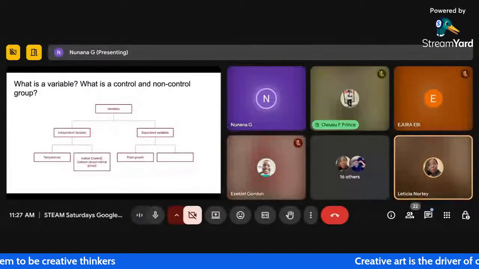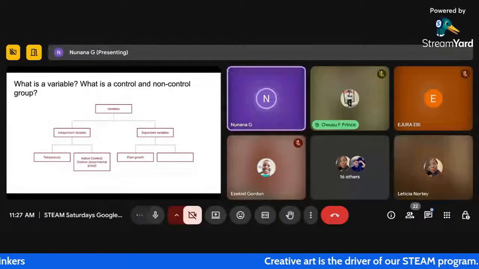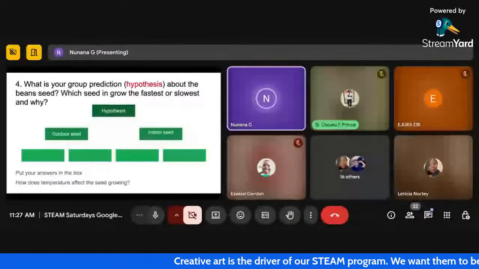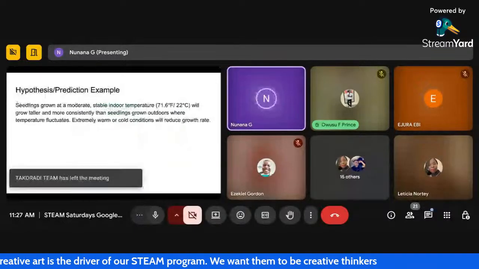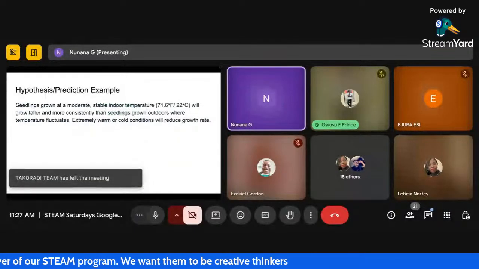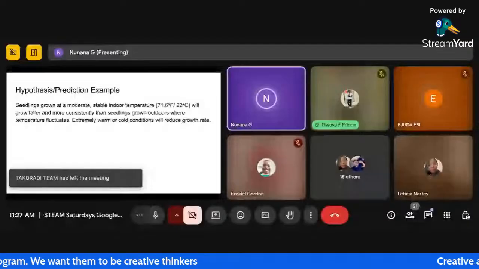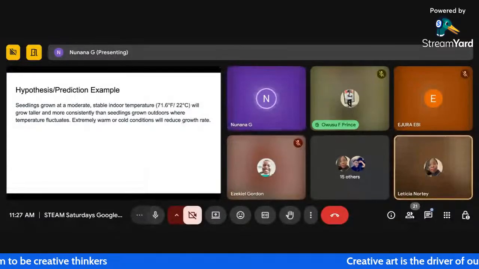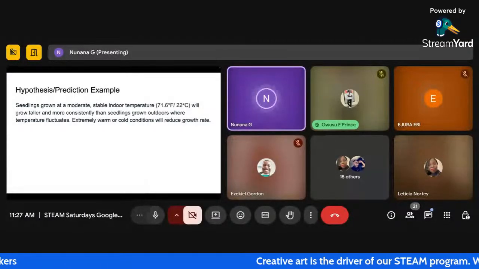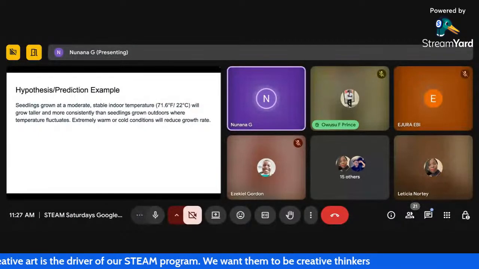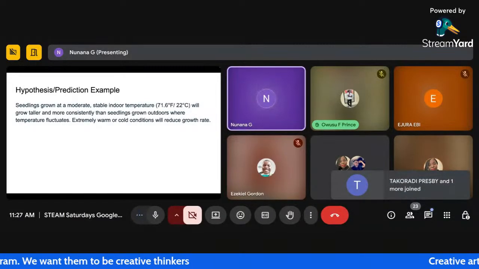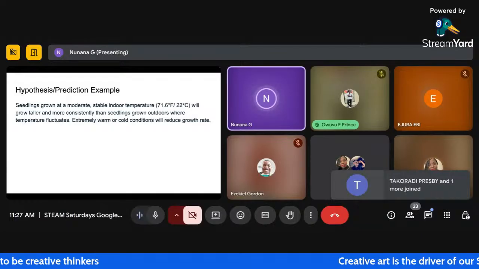So we're now going to move on to our hypothesis. This is to help you fill out the boxes for the hypothesis. This is my hypothesis, my prediction. I am saying that the seeds grown at a moderate, stable indoor temperature of 71.6 degrees Fahrenheit or 22 degrees centigrade will grow taller and more consistently than the seeds grown outside.